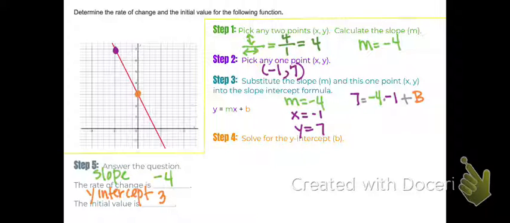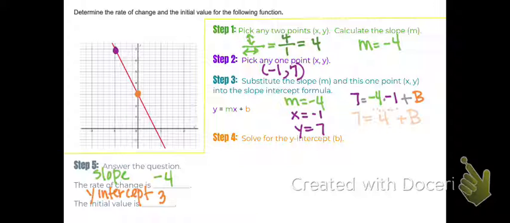When you're solving an equation, you always want to look on each side of the equal sign and see if you can simplify it at all. On the left side, I just have a 7, but on the right side, do you see anything that can be simplified? Here, -4 times -1. -4 times -1 is 4. So we have 4 plus b equals 7.